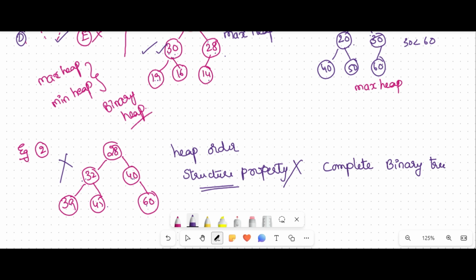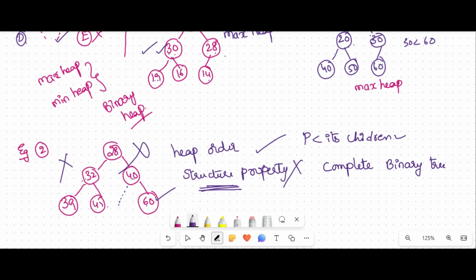Complete binary tree means, see, after inserting 40's left, only then should 60 be inserted as 40's right. So it is not a binary heap. Why? Because it is not satisfying the structure property. The heap order property it is satisfying, that means the parent is less than its children.